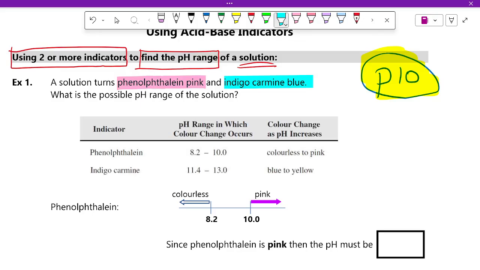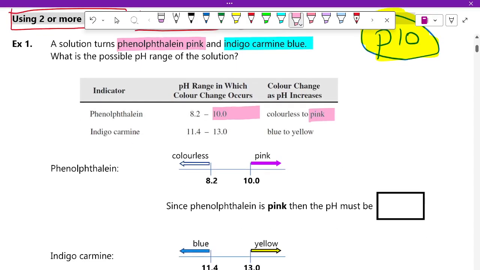Well, phenolphthalein is pink at pH 10 and above. We've shown that in this little diagram here. Here's our phenolphthalein. It is pink above pH 10. So we know that our solution has a pH greater than 10.